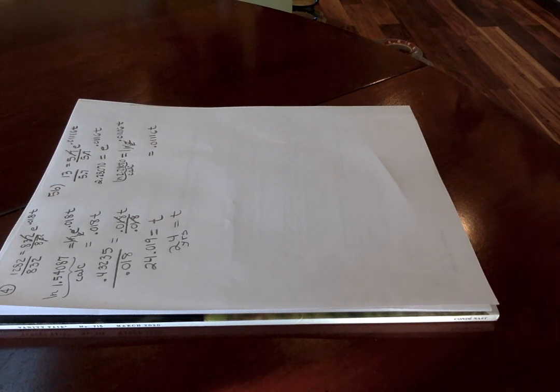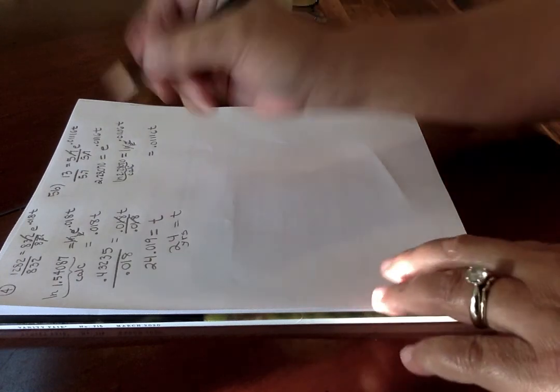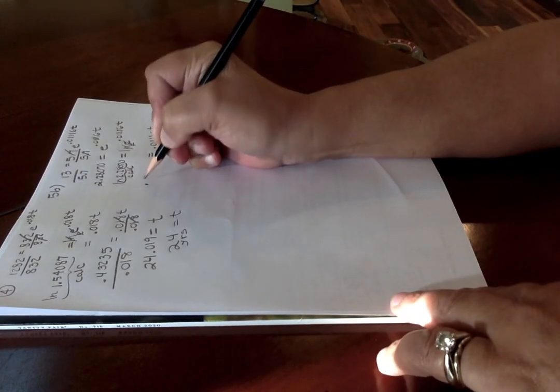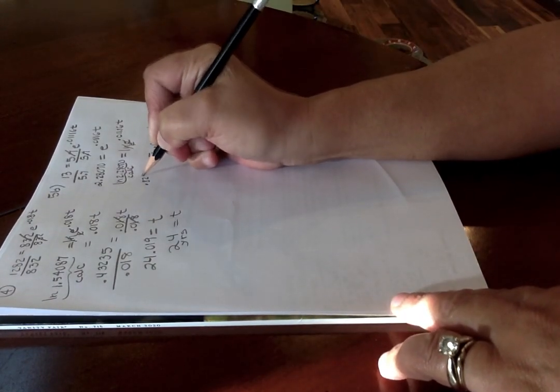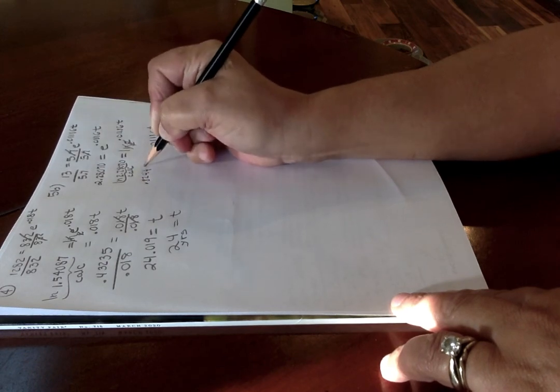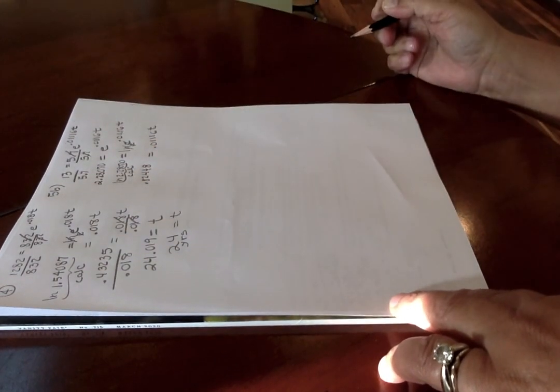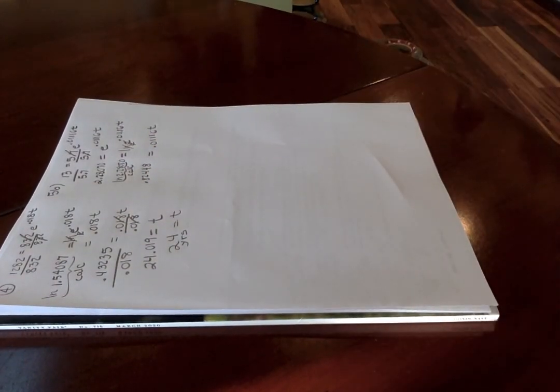Okay, so this is ln of 2.28070. That's equal to 0.82448. So almost there.